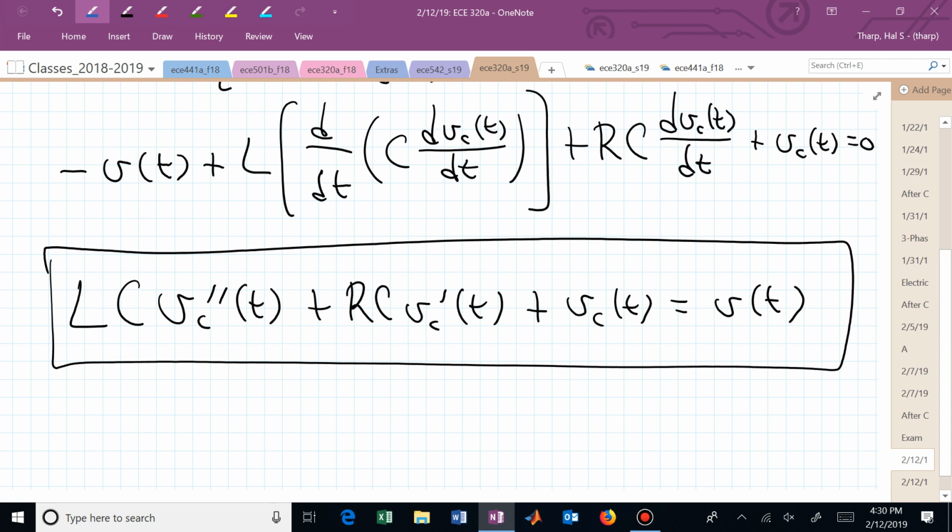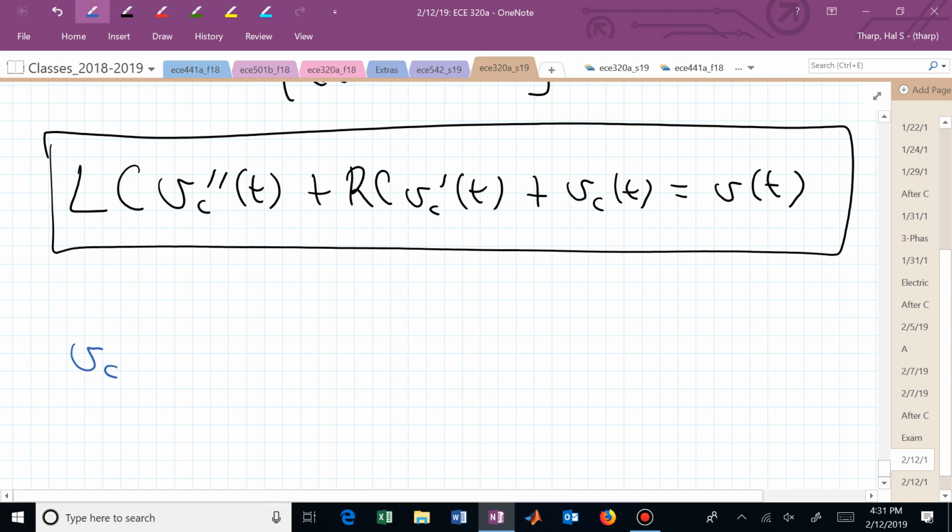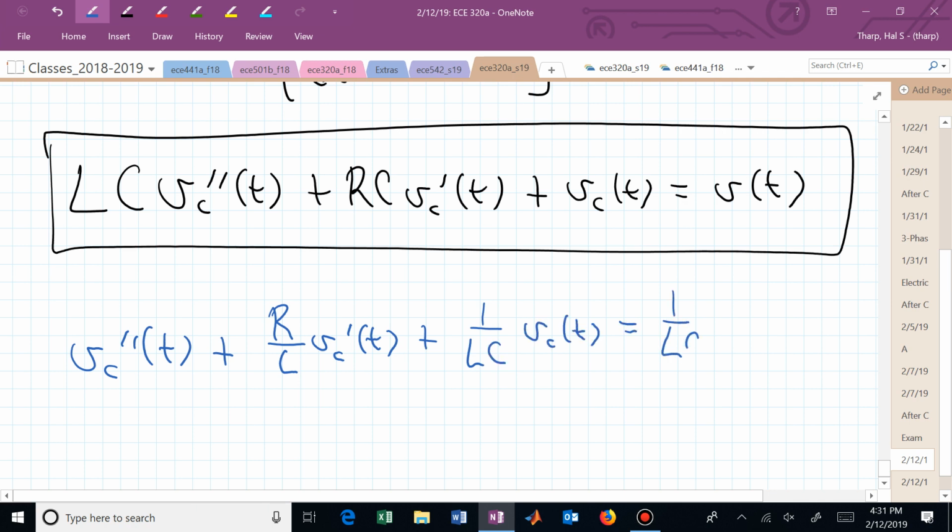Let's divide all terms by LC, and we now have v sub c double prime plus, we're dividing RC by LC. The C's cancel, and we have R over L v sub c prime plus 1 over LC v sub c of t equaling 1 over LC v of t.